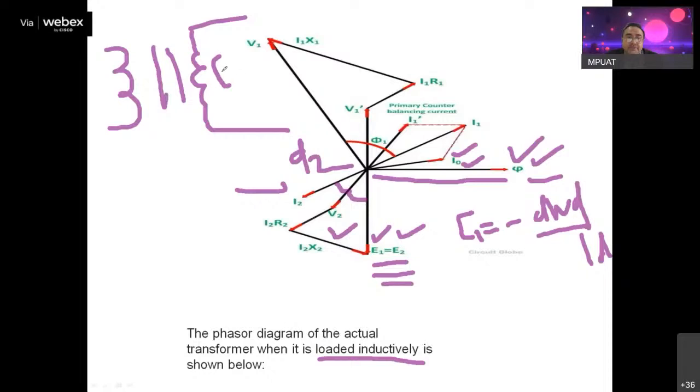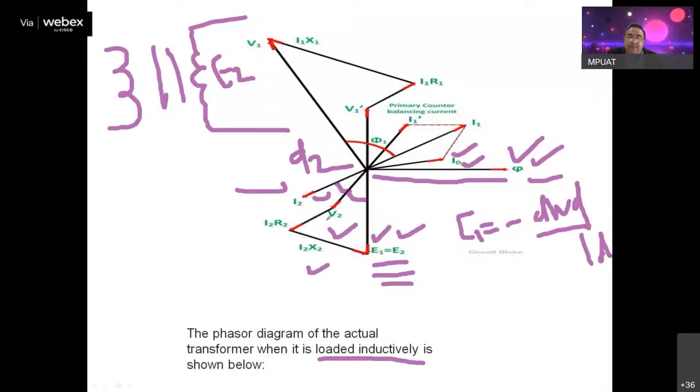Here E2 is being produced. The practical secondary of a transformer has a resistance as well as a reactance, and because of that only it is lagging. If there were no resistance and no reactance, it would be in phase with V2, but it lags because of the presence of R2 and X2.